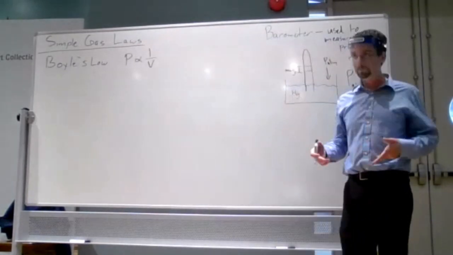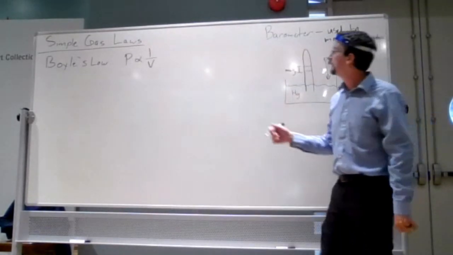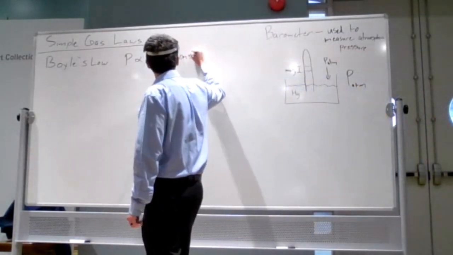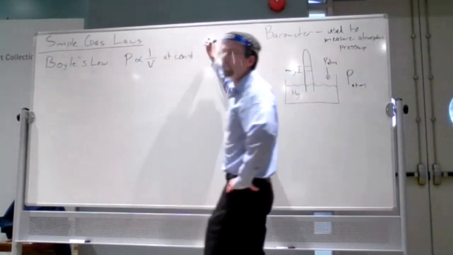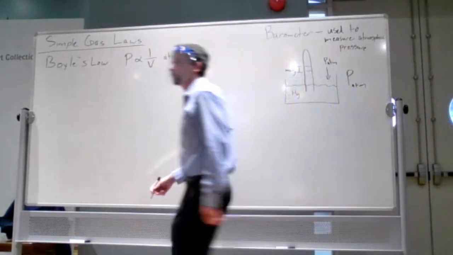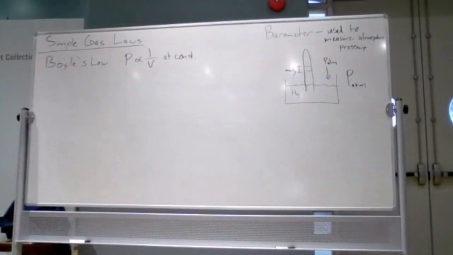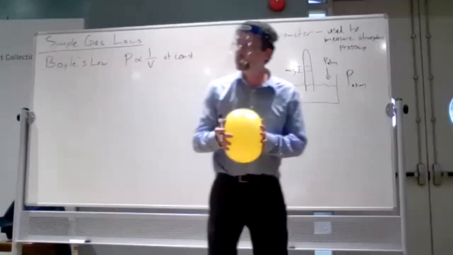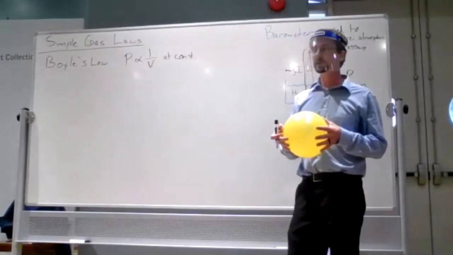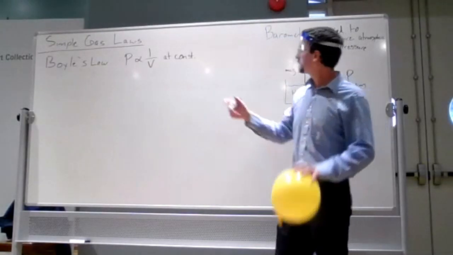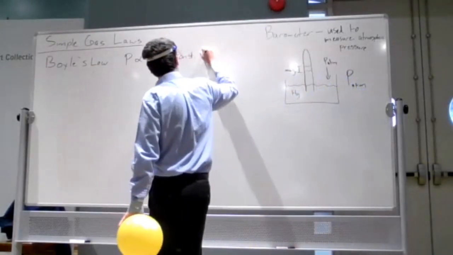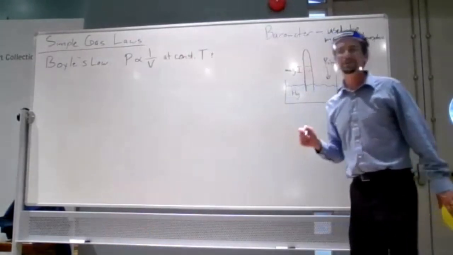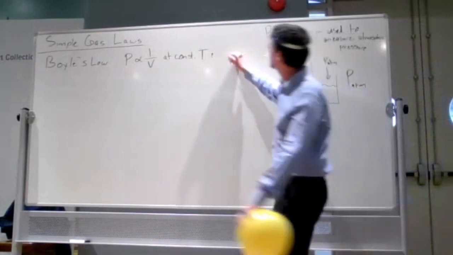Pressure goes up, volume goes down, at constant... what properties are we keeping constant in this balloon right now? So I squeeze it. What properties aren't changing? Yeah, temperature, anything else? There is something else, yeah, moles aren't changing.